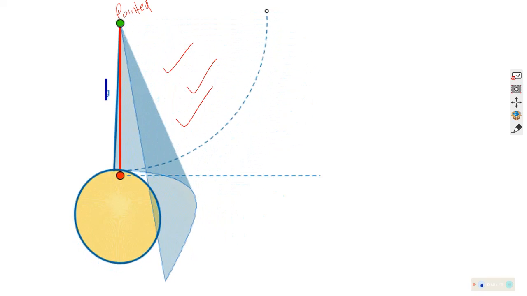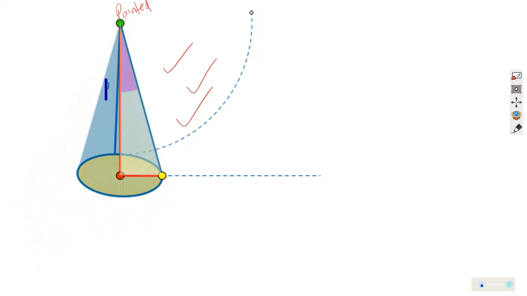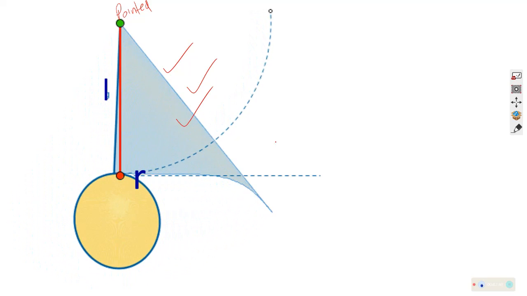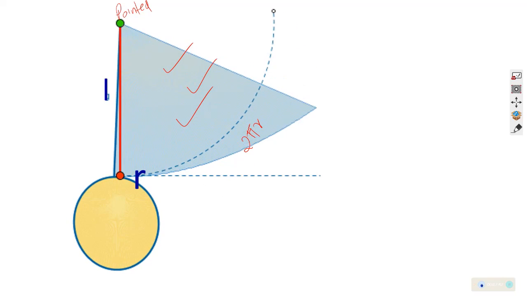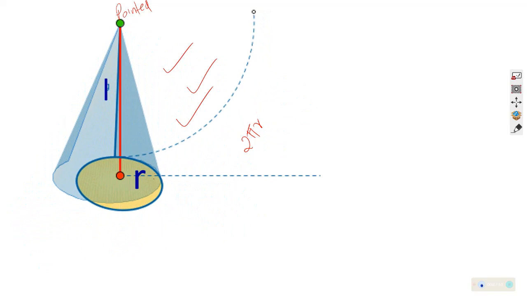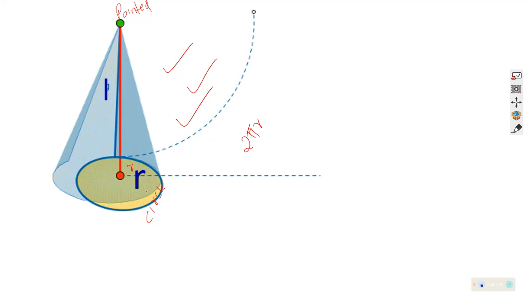So what we can do is practically prove it or do it indirectly. We know this is the radius and the spread over here, the curved surface area which is created from this, is equal to 2 pi r. 2 pi r is the circumference of a circle. This is the circle and this is the radius. Let us look into the motion once again.